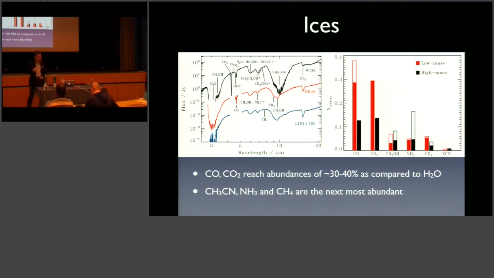And from the processing of these ices, you might expect to produce more complex molecules, as I illustrated in the laboratory. I think the next frontier for these studies of ices will be to check what kind of molecules are really produced in this region. And we will get to that tomorrow, I think.